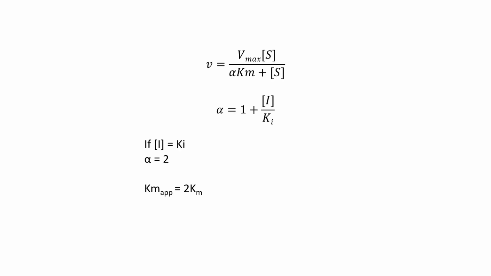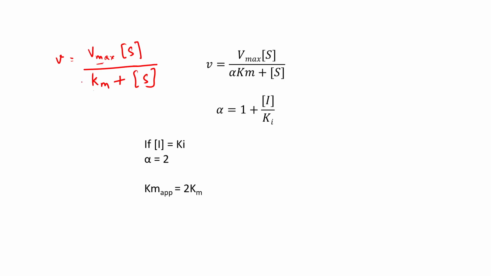In competitive inhibition kinetics, the Michaelis-Menten equation for any uninhibited enzyme is V equals Vmax times the substrate concentration divided by Km plus the substrate concentration. I am saying that Vmax doesn't change in competitive inhibition and Km increases.